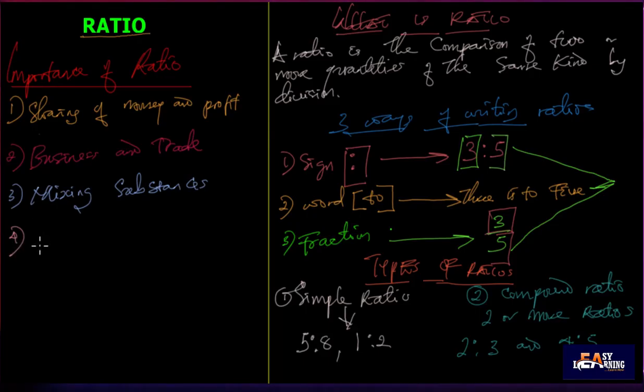And ratio is important for scale drawing and maps, like in your geography. When you are reducing or enlarging a map, there is always a scale to use, and it is in a ratio form. It is always in a ratio form.